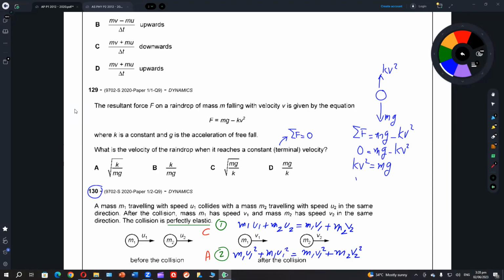If I make v the subject, see this working. If you have a query, you can always ask. I am also getting the same answer.